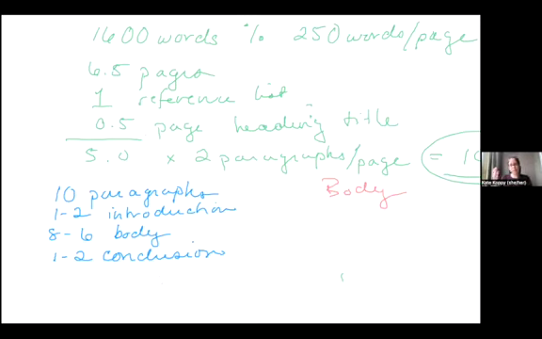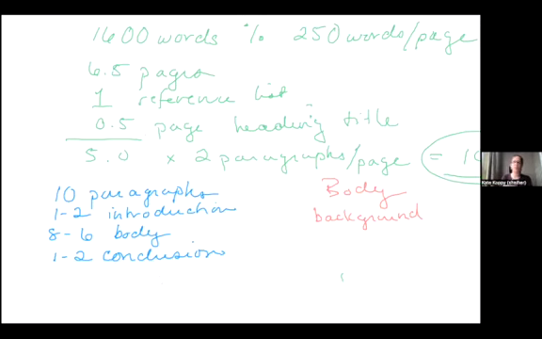So after your thesis statement at the end of your introduction, you might have some background. And what goes in your background paragraph is really going to be highly dependent on the particular topic that you're talking about. This might be a little bit of history related to your topic. It might be a little bit of cultural context related to where you're talking about your topic.